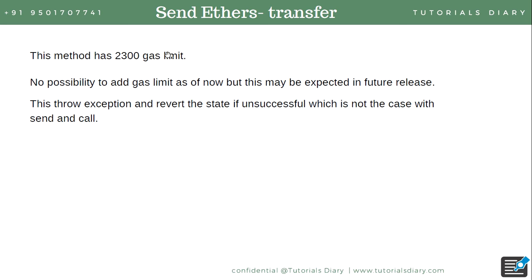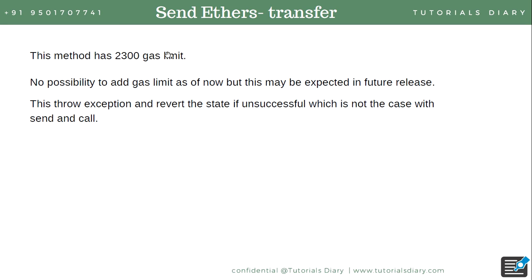If there is some issue with the syntax or something is not correct in the transfer of ether, then it will automatically throw an exception, which you can see in the Remix IDE as well when we go with the hands-on, and it will show you that this is unsuccessful and throw an error. Then it will also revert the state to the initial one. So these are all the features which we have.